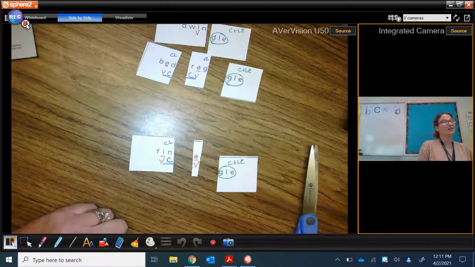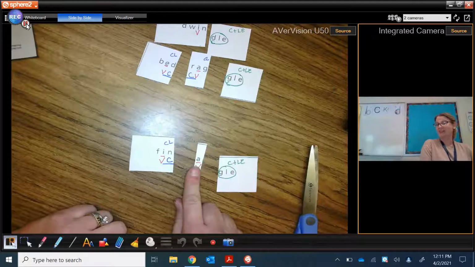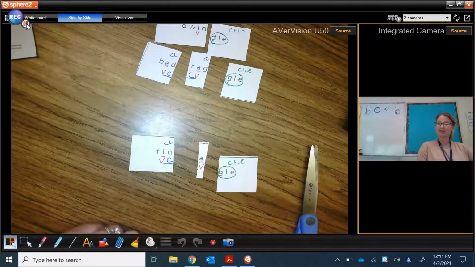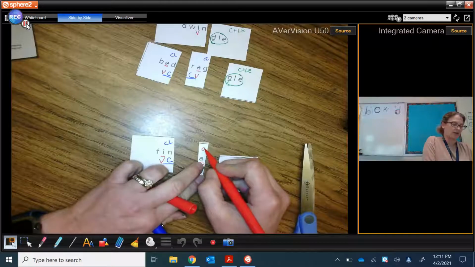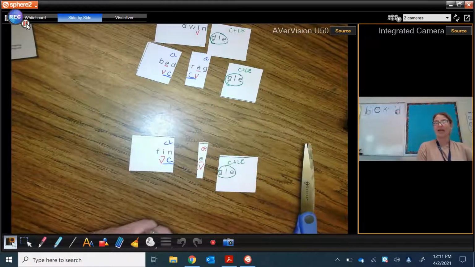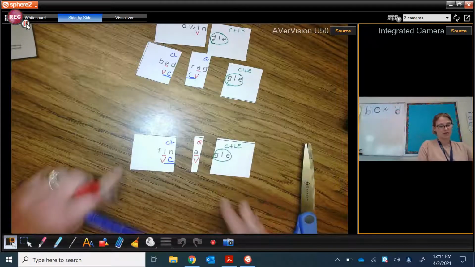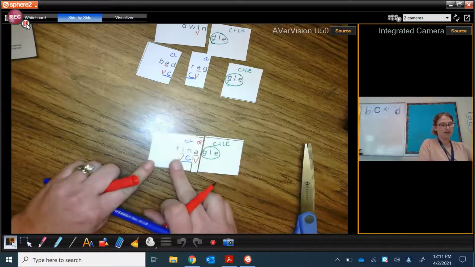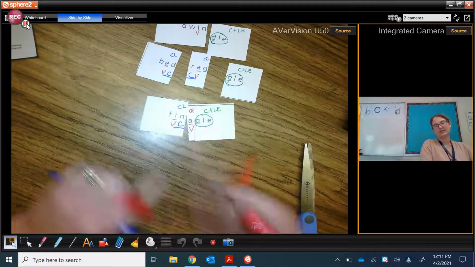If the last sound or the only sound in a syllable is a vowel, then it has to make the long sound. So it's an open syllable, and if the door's open, the A says long A. So thin, A, gull. Put the word back together again. Thin, A, gull. And there's our split.